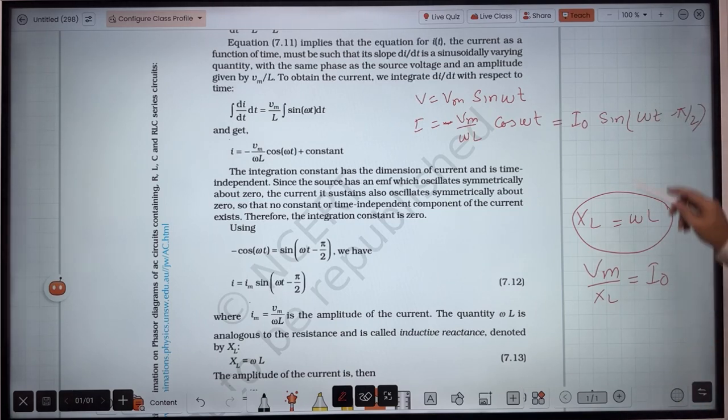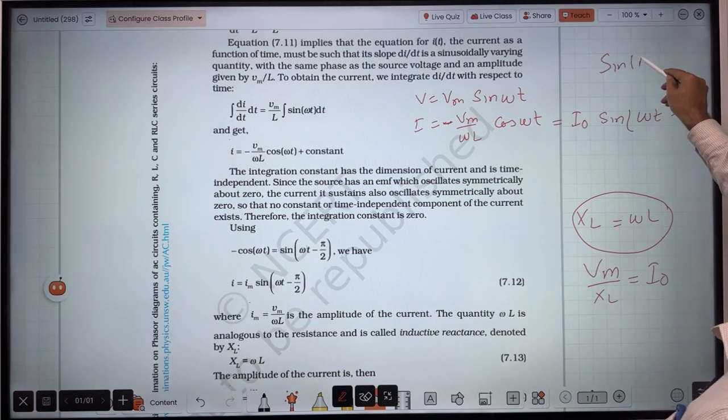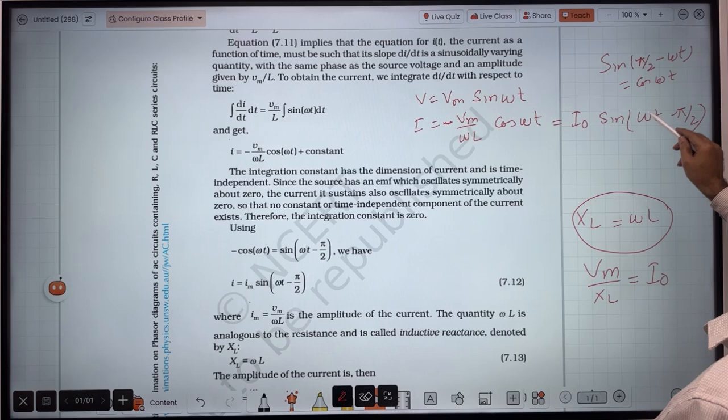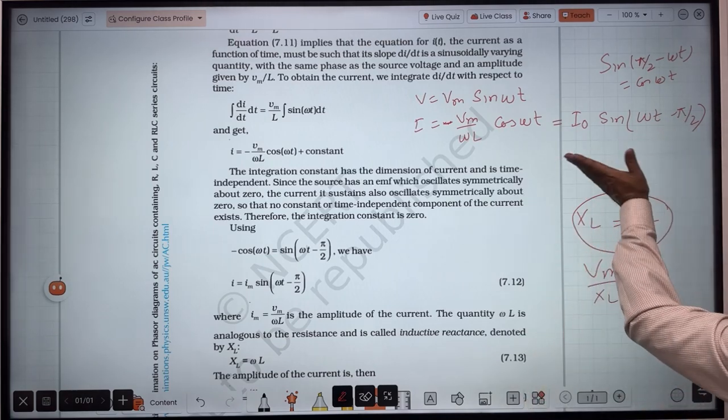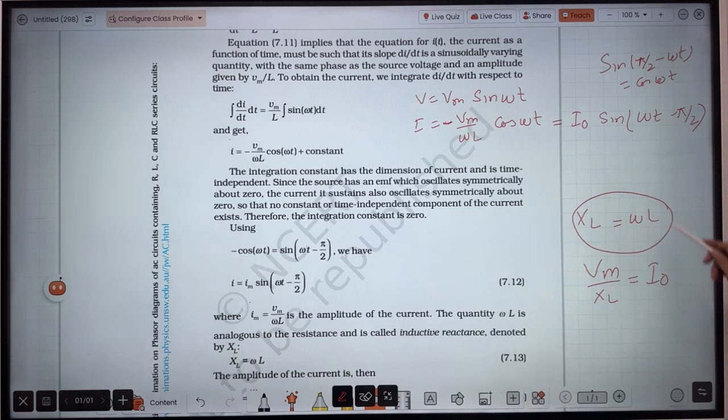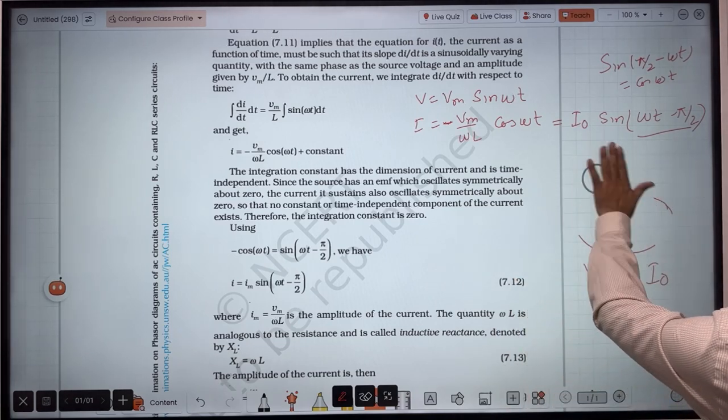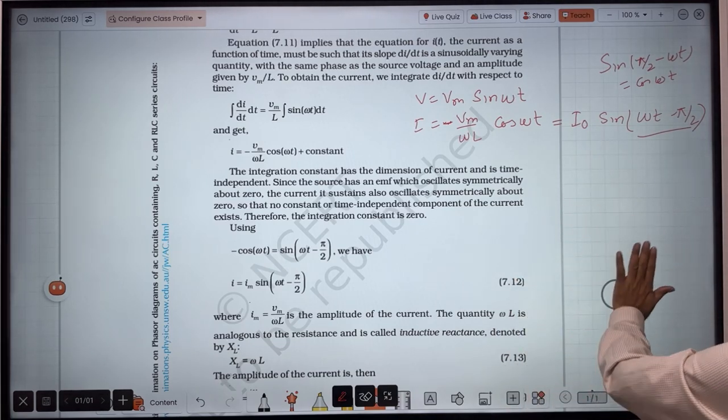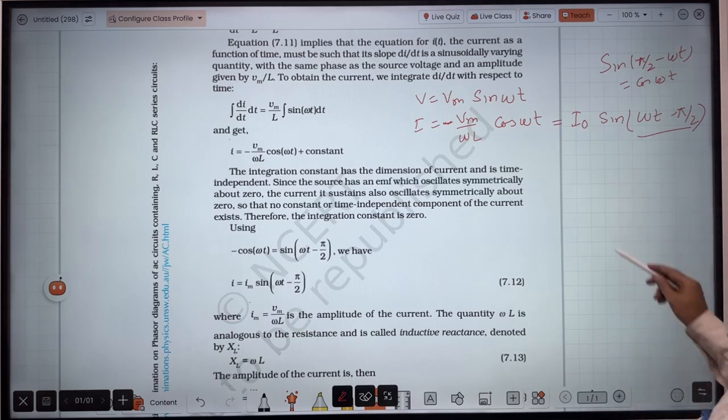Why? If you remember, sine of pi by 2 minus omega t will give cos omega t, right? But if it is just opposite, then the minus sign you have to take common. Same thing you will get. So we have written it like this. Now our concern is to make a comparison between voltage and current in terms of phase.